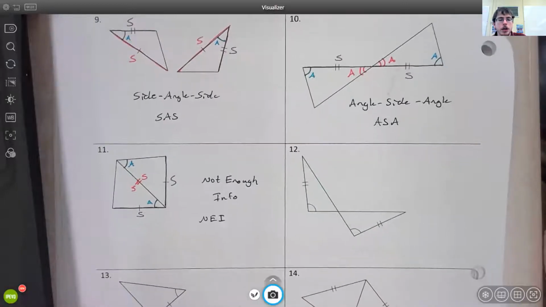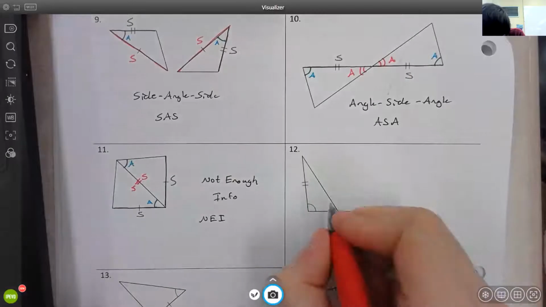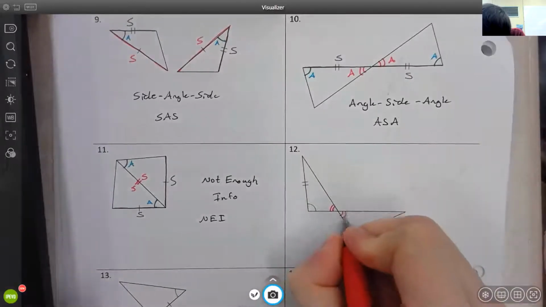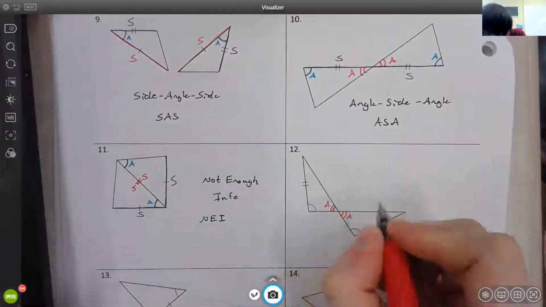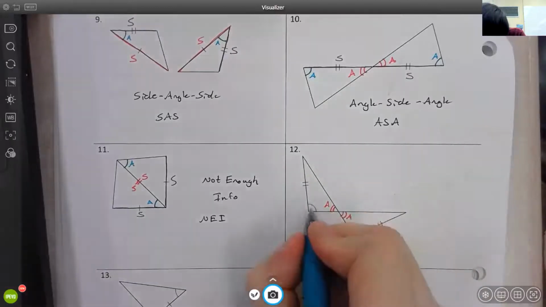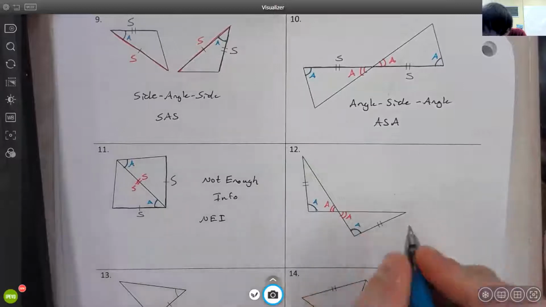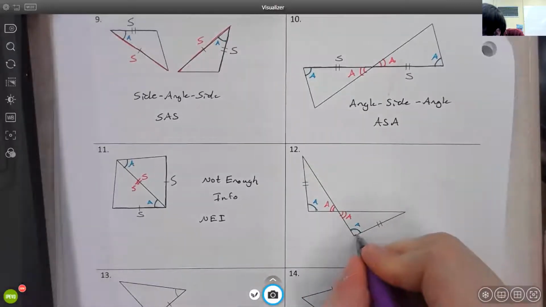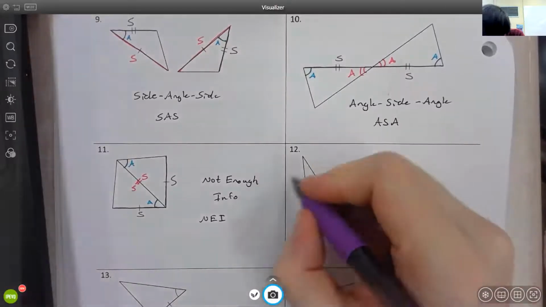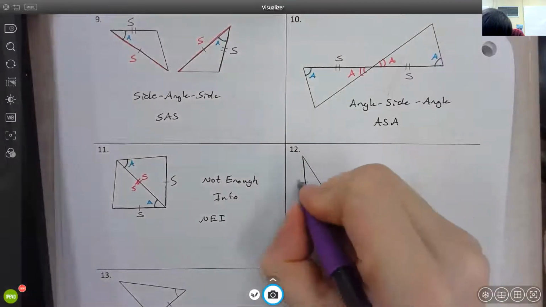Okay. Number 12, we see that we have a pair of vertical angles here. So we have angle and angle. We have another pair of angles here. And then we have a pair of sides here. Remember, the triangles have to match.